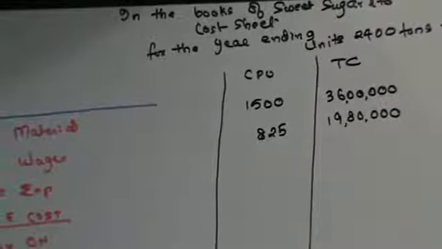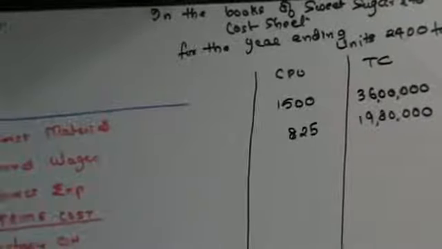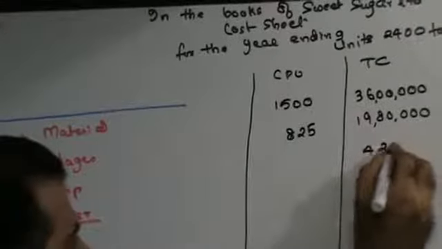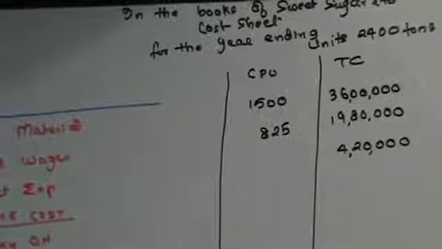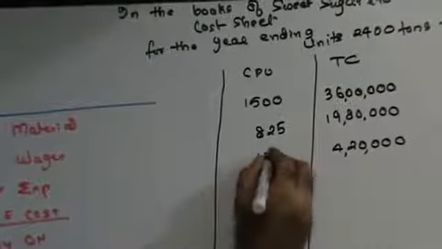Right? Direct expenses are given to you as 4 lakh 20,000. Divide 4 lakh 20,000 by 2,400, that is 175. So that will give you your prime cost.